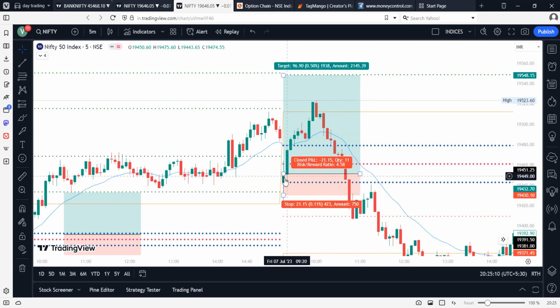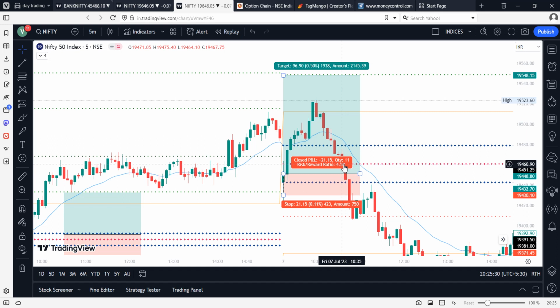When you enter the markets, it goes in your direction, but didn't reach your target of R1. So what you have to do on these days? For example, if you see here, what is the risk reward ratio here? 1 is to 4.5 risk reward.